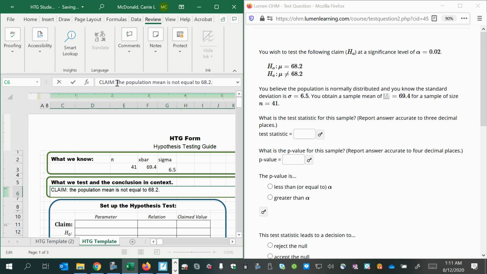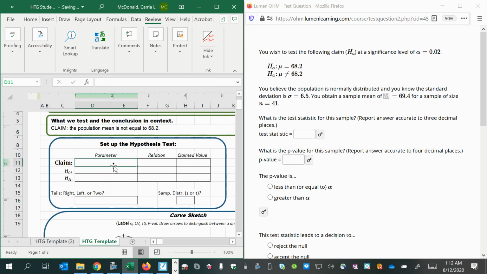And normally there's context, like it would tell you what kind of information it was, and the claim would be something that would make sense for the situation, like test the claim that IQ scores are greater than 100 or something like that. And so if you have context, you should put that in your claim.